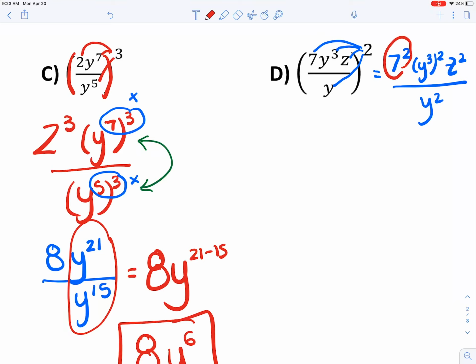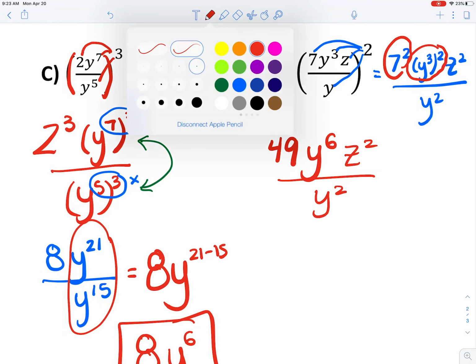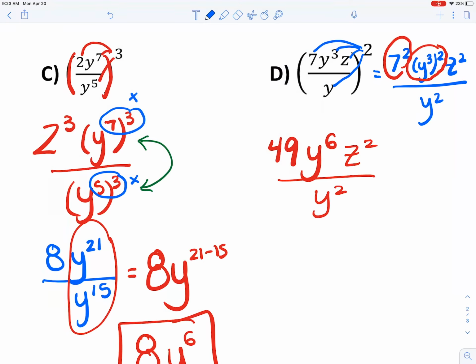So let's simplify some of this, okay? 7 squared is 7 times 7, so that's 49. This next one, we've got a power to a power, which means we multiply those two numbers. 3 times 2 is 6, so this is y to the 6. Then we've got z squared and y squared on the bottom. I didn't do anything with those yet.